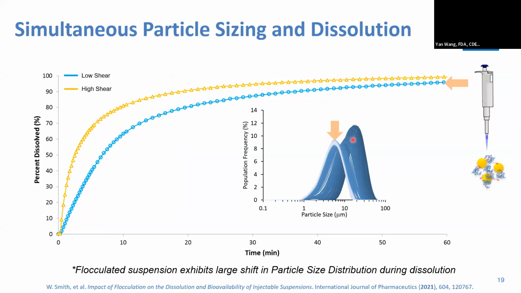Through continuous particle size monitoring along with the in vitro dissolution, you see a decrease in particle size. The flocculated suspension exhibits a large shift in particle size distribution during dissolution, meaning they form little clusters and then they shrink from outside in to dissolve and release the drug.